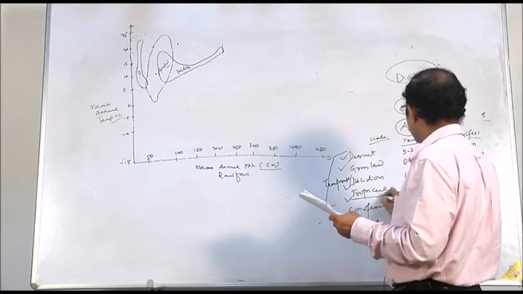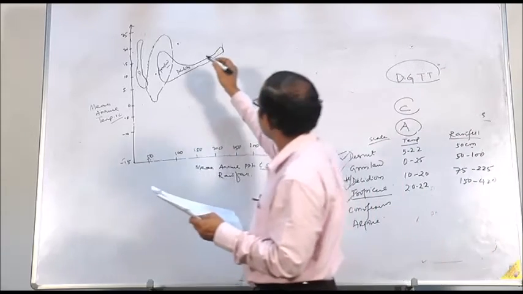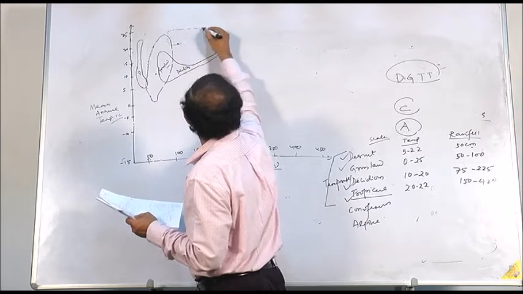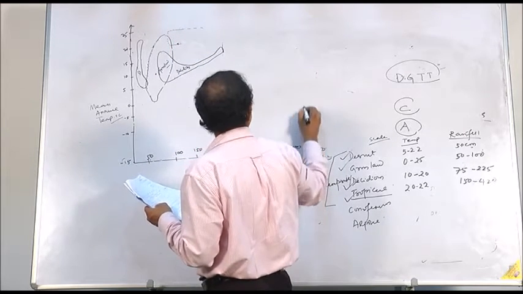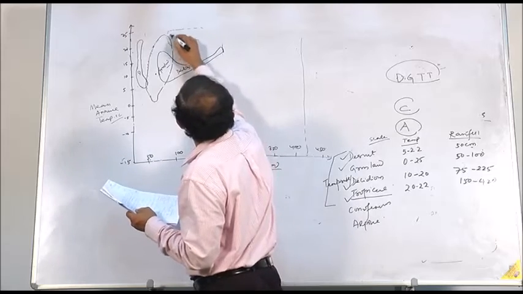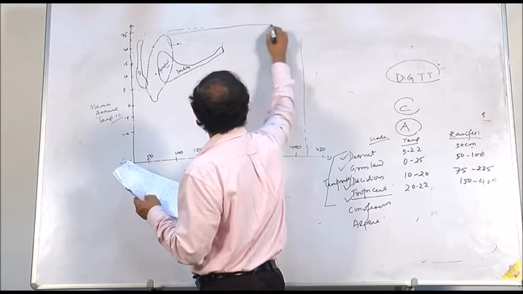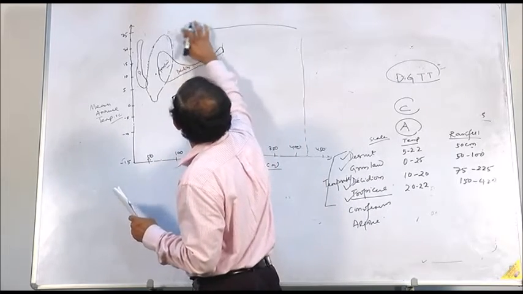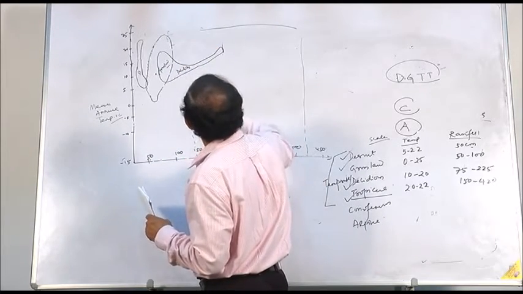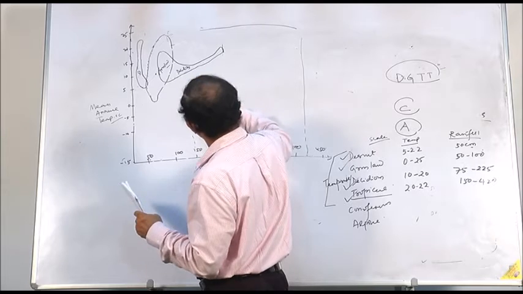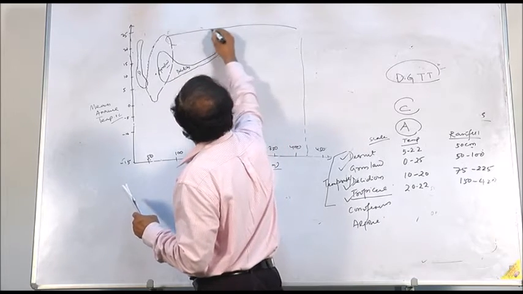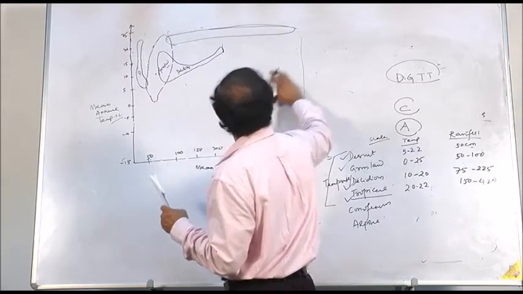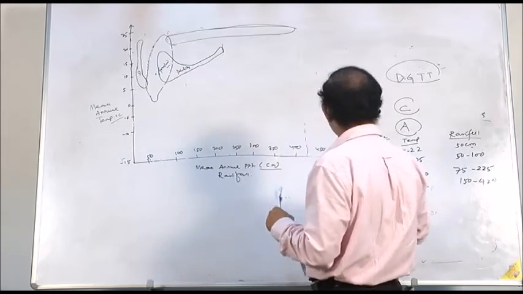It will be an elongated shape, starting from 150 here. This one is your tropical rainforest.